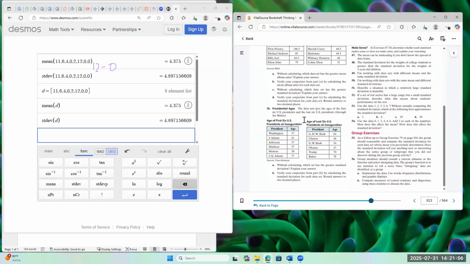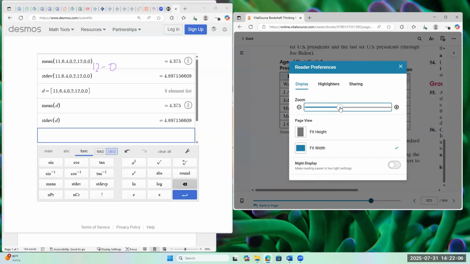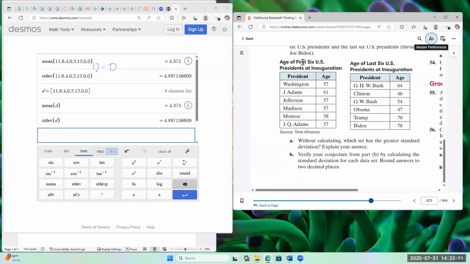Okay, yes, I love this question. Number 38. Let me make that a little bit bigger. We have the age of the first 6 US presidents at which time they were inaugurated, and then the last 6 US presidents over here.